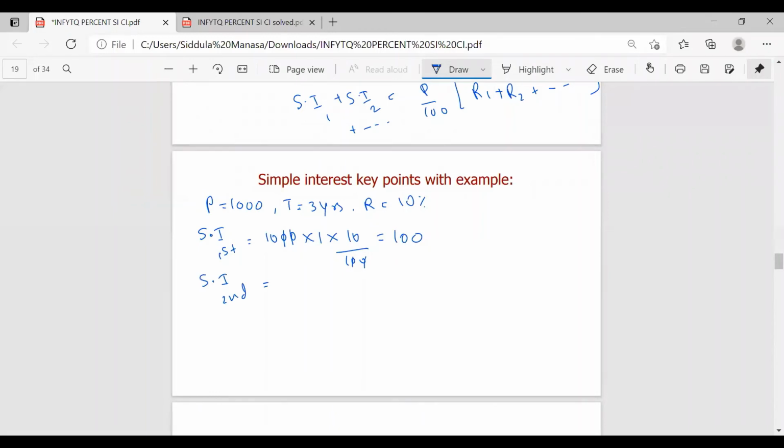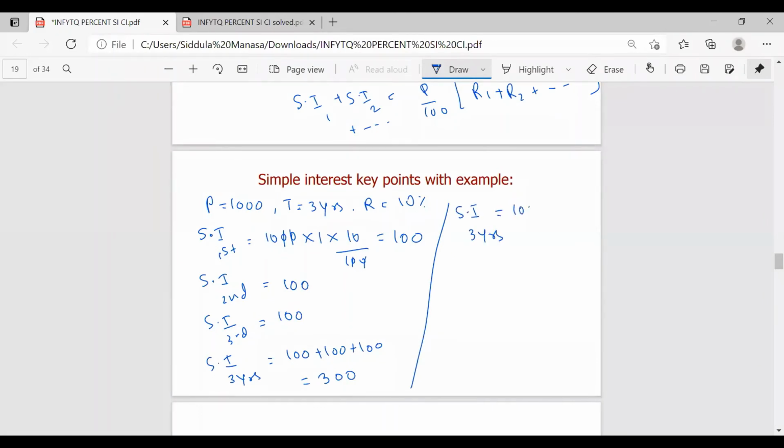For the second year there is no need to calculate. We know simple interest for the second year is also 100, and for the third year it is 100 only. Then simple interest for 3 years is 100 plus 100 plus 100, which is 300. If you calculate directly, principal 1000, time period 3 years, rate of interest 10%, you also get 300.